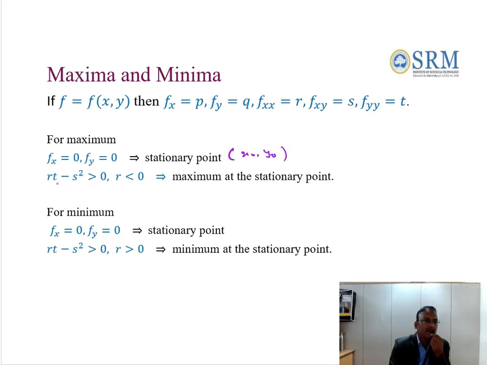And then calculate rt minus s square, if it is greater than 0 and r is less than 0, therefore it attains the maximum. For minimum, from fx and fy, you calculate the stationary point x naught comma y naught, and rt minus s square is greater than 0, r greater than 0, then it gives the minimum at the stationary point. Right. We will see some examples using the above definitions.